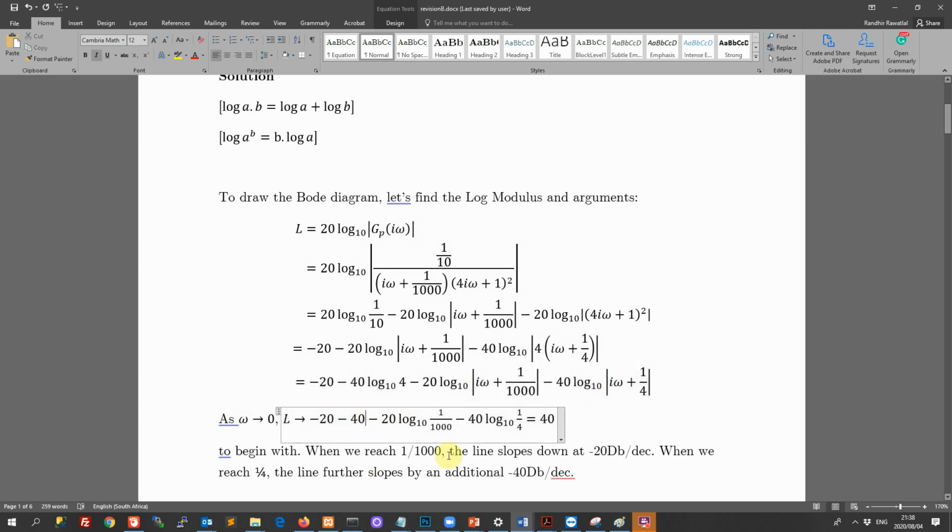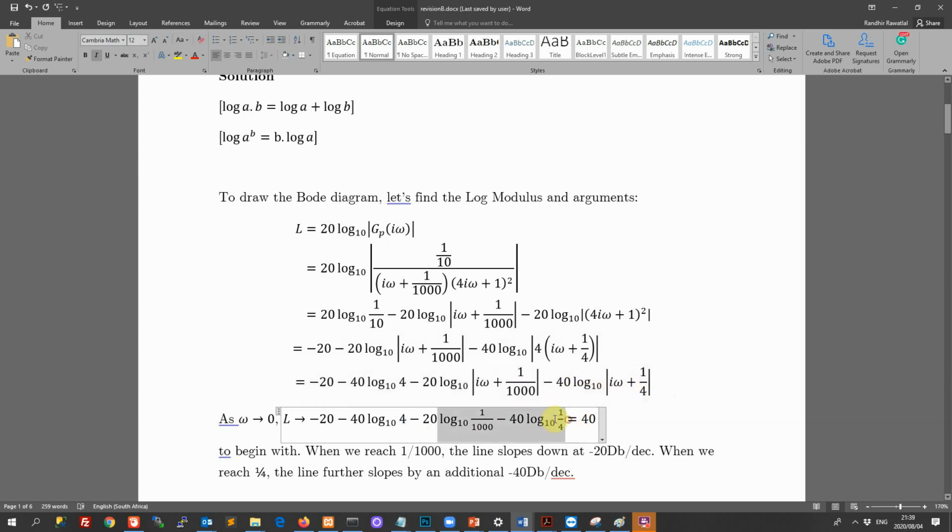So minus 40 log 10 4. And then here, what's left over is 1 over 1,000, log 10 of that times minus 20, so that's there. And then here, again, we get minus 40 log 10 1 over 4.